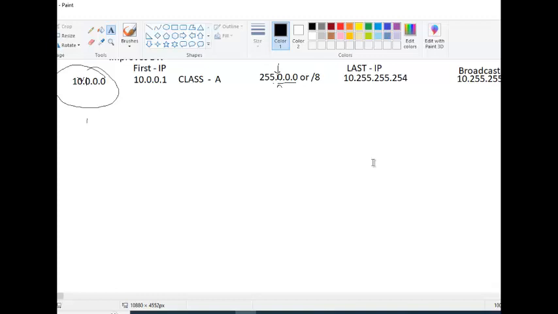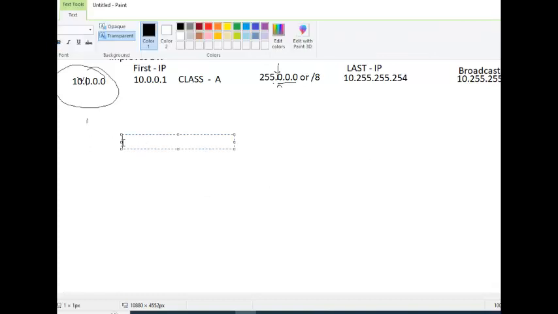I'm not going to teach in-depth subnetting now without pen and board, but I'm going to just write an example. For example, if I borrow 3 bits, my subnet will be 10.0.0.0, and the subnet mask will be 255.224.0.0 because I borrowed 3 bits.